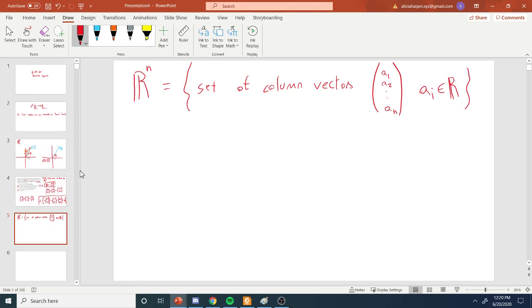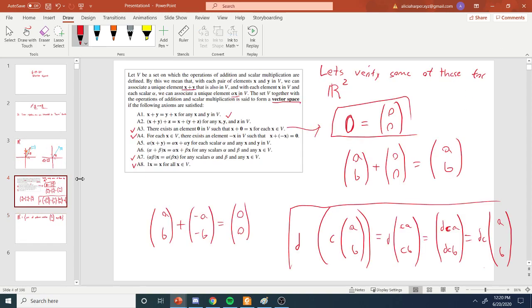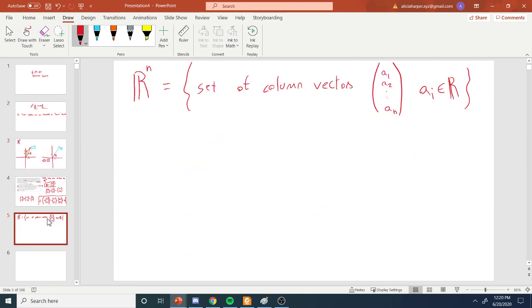You can verify, and the proofs are virtually identical to the proofs in R2, that this is also a vector space.